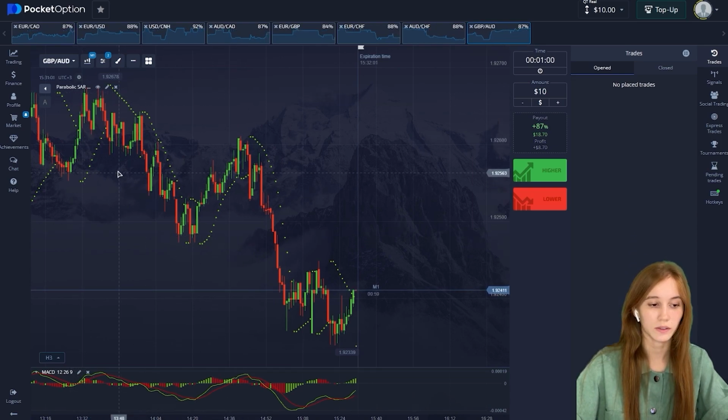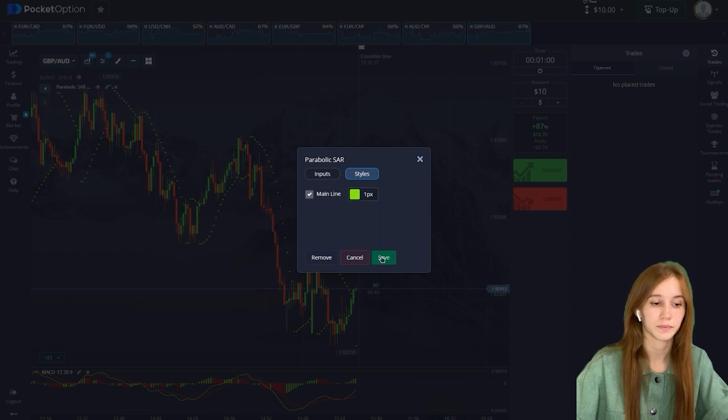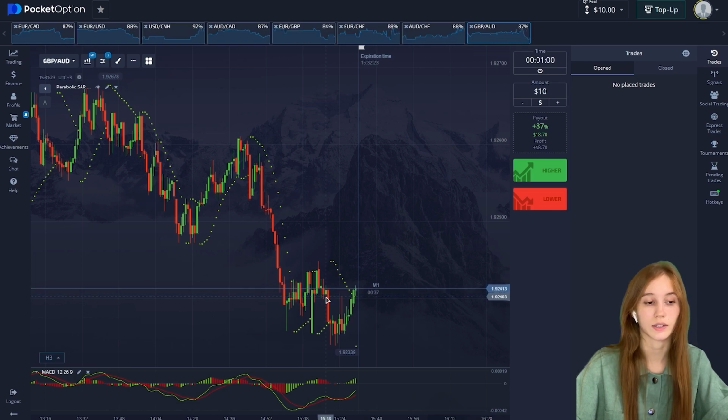The first one, you see it on my screen. It's parameters. You can copy it and use it. So parabolic strives to recognize the right moments when the current position should be closed, and I open the opposite one accordingly.